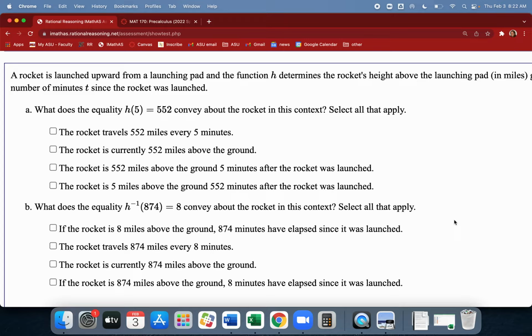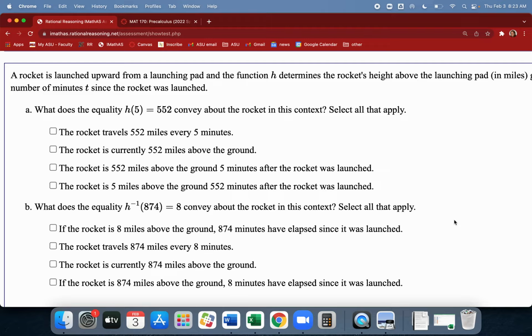What about question B? What does the equality statement h inverse of 874 equals 8 tell us about the rocket? Again, of those 4 statements, only one of them is true. Is that 1, 2, 3, or 4? Yeah, the 4th one. If the rocket is 874 miles above the ground, 8 minutes have elapsed since it was launched.